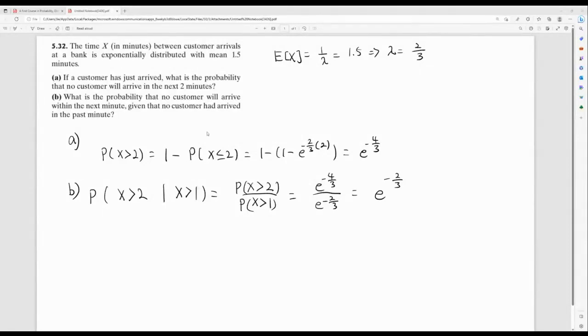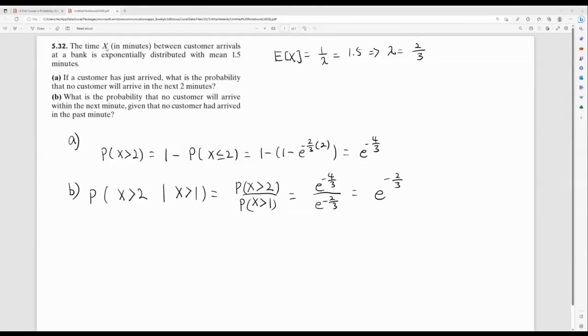Yeah. This is 5.32. The time x in minutes between customer arrivals at a bank is exponentially distributed with mean 1.5 minutes. Part A: if a customer has just arrived, what is the probability that the next customer will not arrive within 2 minutes?